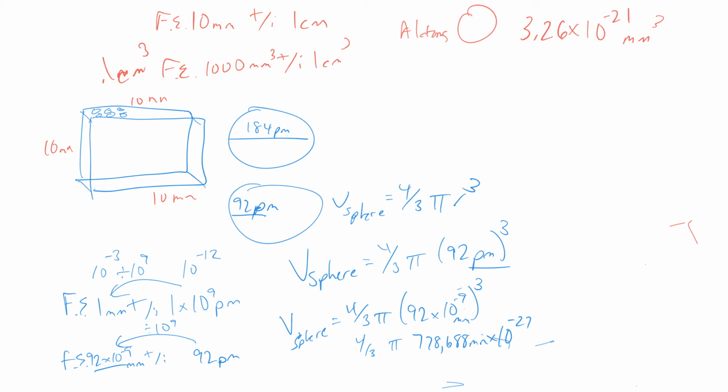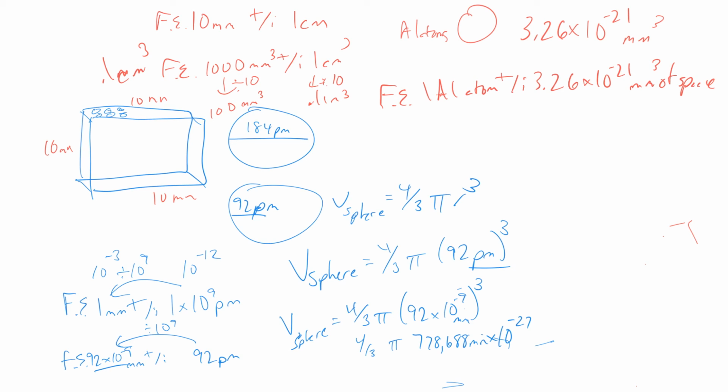So we're going to say this is 0.1. I'm going to divide by 10. So that comes out to be 100 millimeters cubed and 0.1 centimeters cubed. So we're going to say for every 1 aluminum atom, there is 3.26 times 10 to the negative 21st millimeters cubed of space.